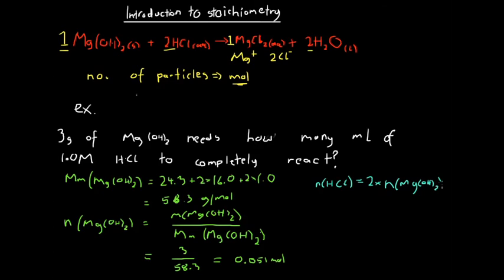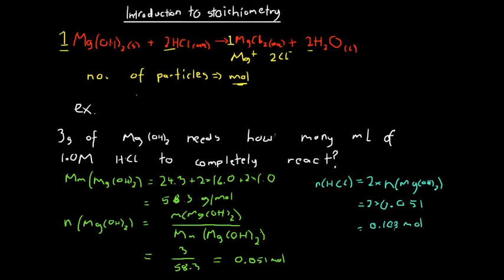So it's going to be 2 times 0.051, or 0.103 mole. So now we know that we need 0.103 mole of hydrochloric acid.